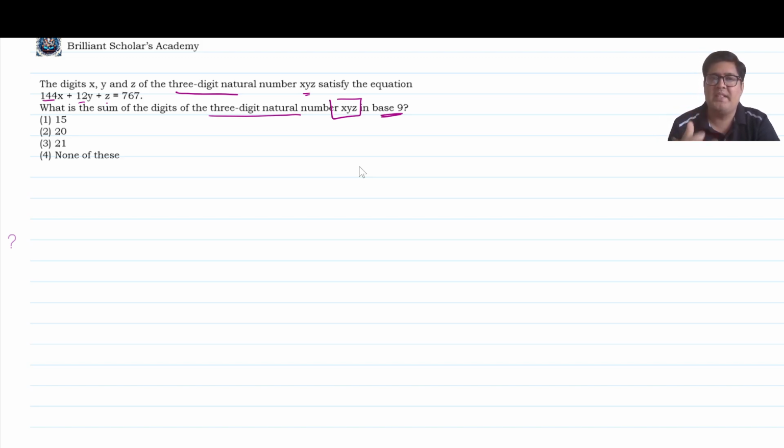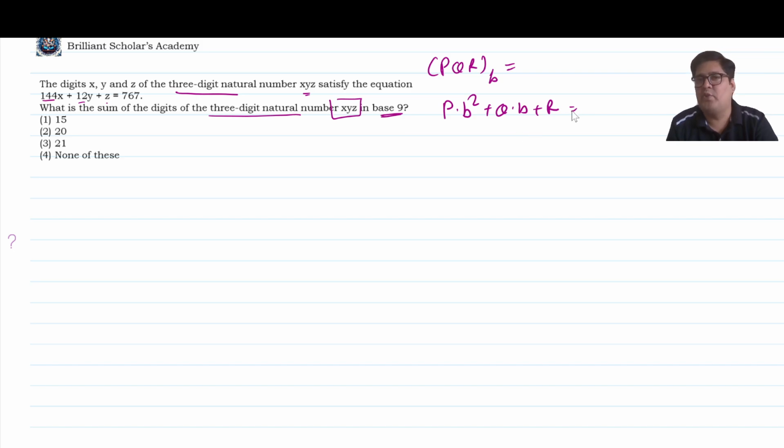So here I need to understand how base systems work. When I say a number PQR is there in a base B, what will that number look like when translated to base 10? It will look like P into B square plus Q into B plus R. Once you do this, the number on the right hand side becomes the base 10 number.